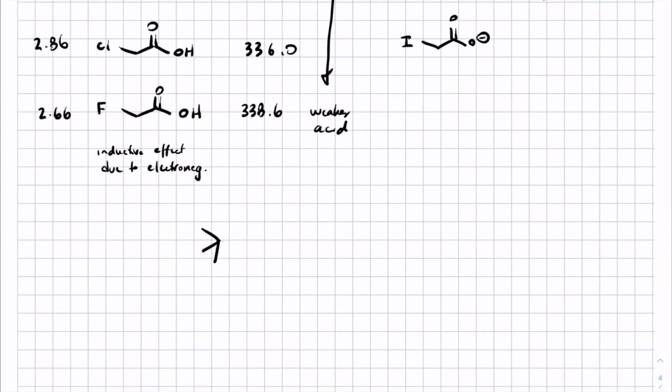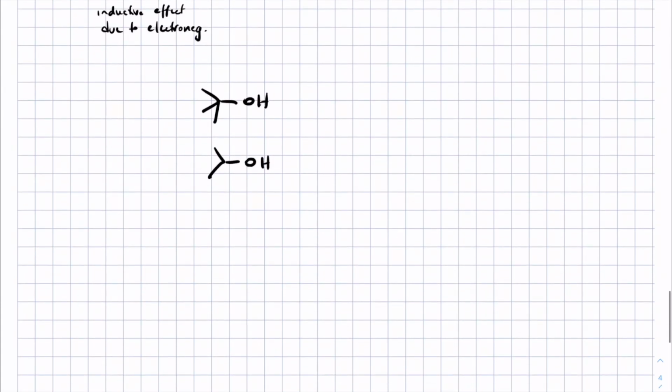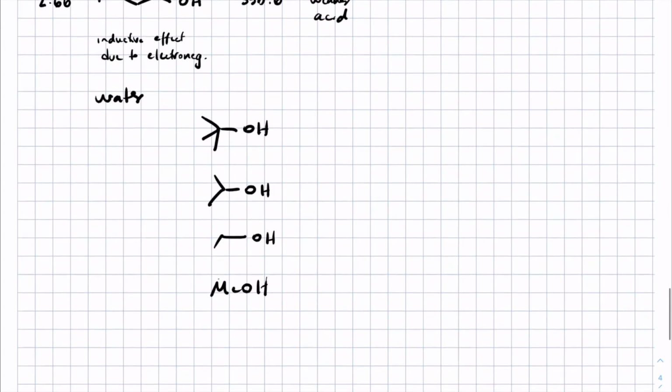Similarly, if you look at the series t-butyl alcohol, isopropyl alcohol, ethanol, and then methanol. In water, if you measure pKa's, oh shoot, I didn't write those numbers down. It's 19 and 15.5, and I forget where they go, but you've got the weakest acid here, and you have the strongest acid here.